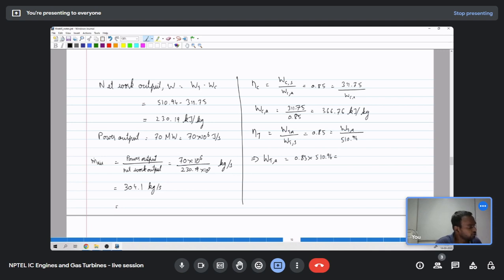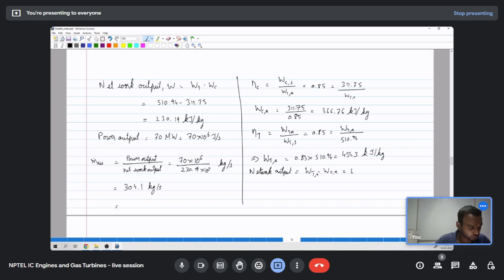This is 434.3 kilojoule per kg. And if you calculate the net work output, it is equal to turbine work minus compression work in actual cases.